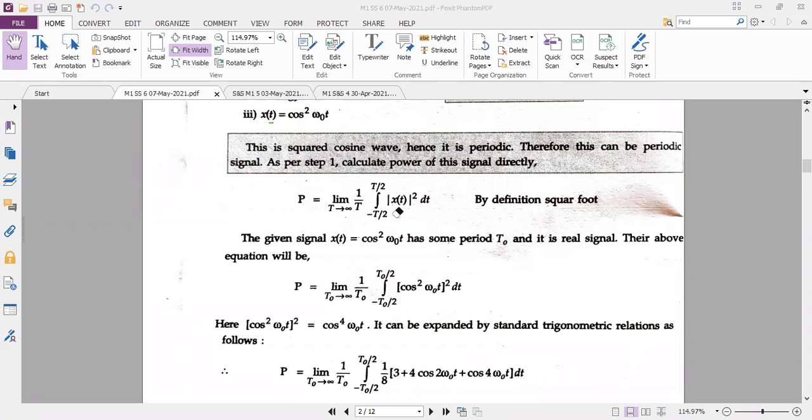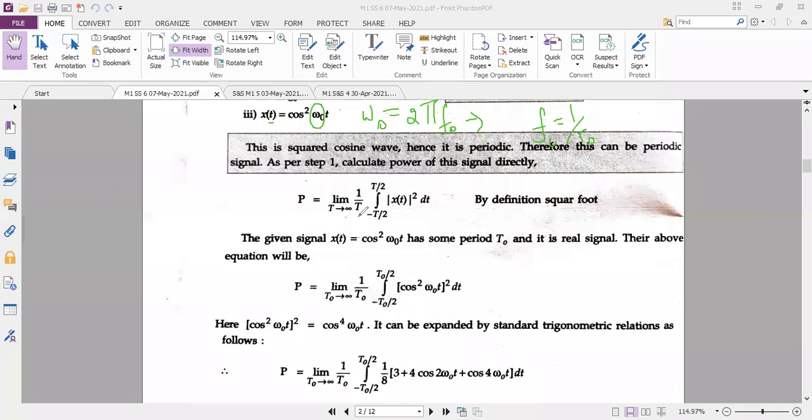Once you have completed the formula, you can see the screen. In the question they have given omega naught. You know what omega is? Omega is equal to 2 pi f. So if it is omega naught, then definitely it is f naught. If f is represented as f naught, you know the relation between f and T: f is equal to 1 by T. So if f is f naught, then T is also T naught.